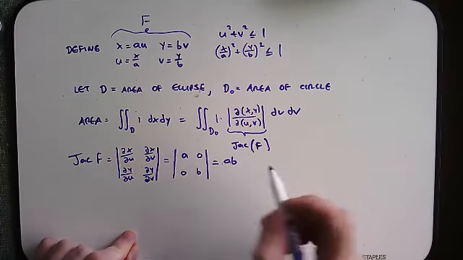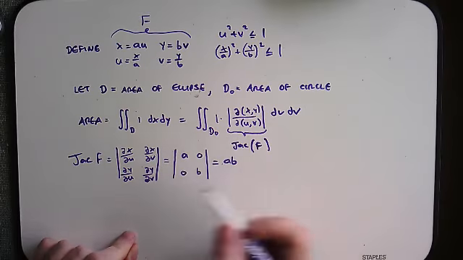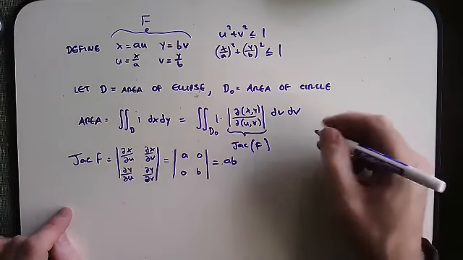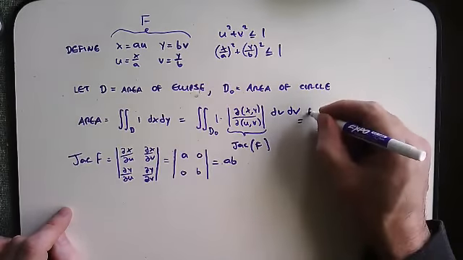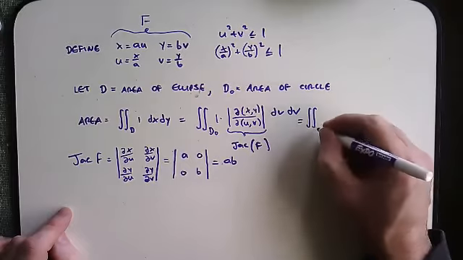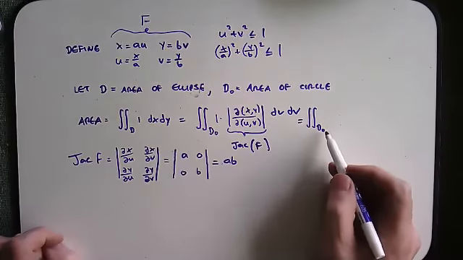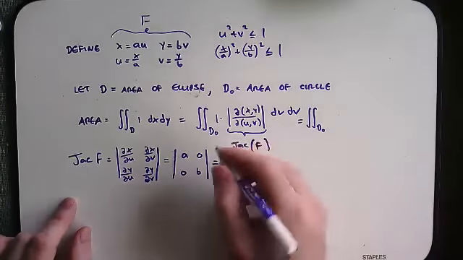Okay, so we're going to use that in place right here. And so then our area equation, I'm running out of space here, I think I'm going to write one more line up here. So it's a double integral over not the ellipse, but over the circle. And that's good news because we know how to find the area of a circle, right? That's something we can evaluate pretty easily.